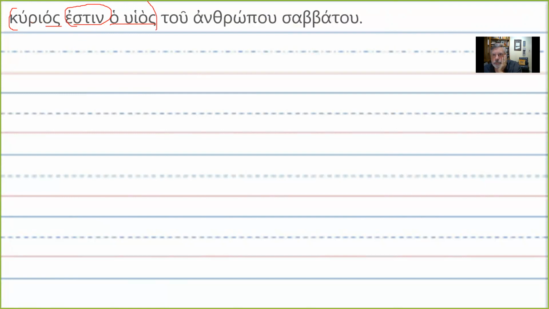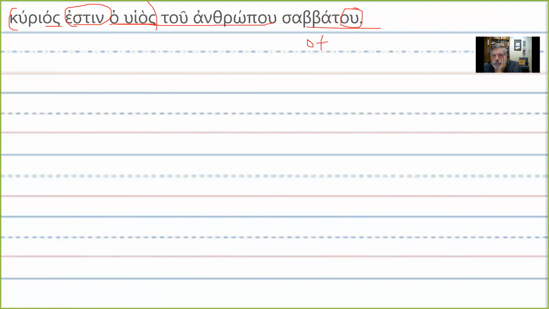And actually we would take this whole phrase here, the Son of Man, I shouldn't say God. Where did I get that? The Son of Man is Lord of the Sabbath. And I know it's "of the Sabbath" because it's in the genitive singular, and because it's genitive, I would use my helping word "of."